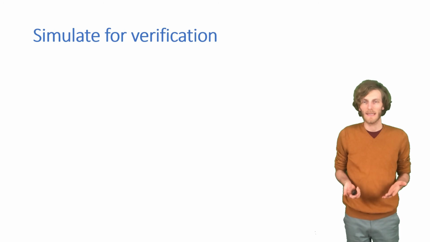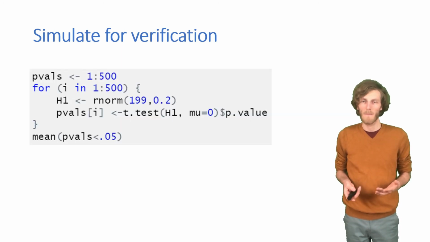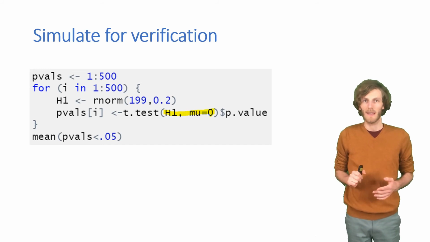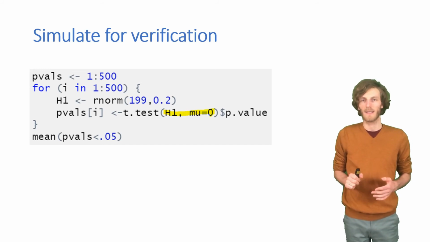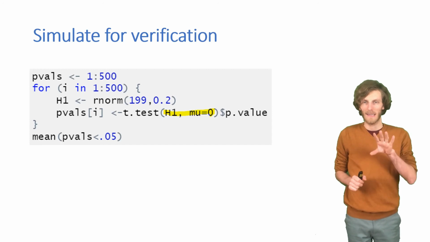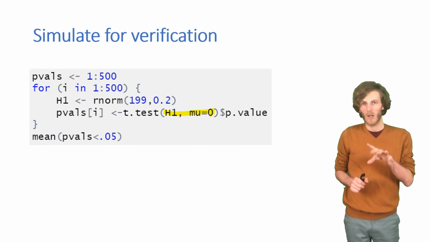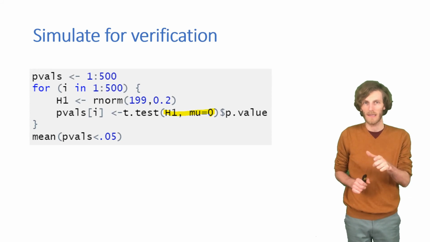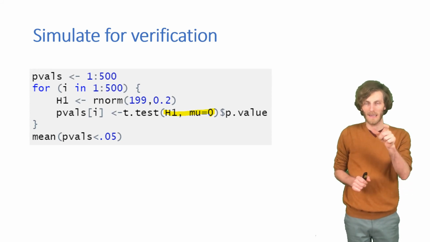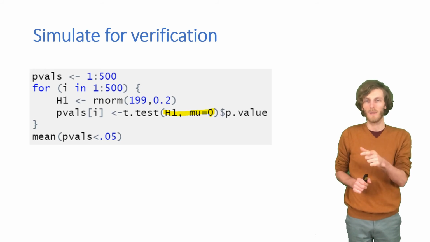We can again simulate this to verify, and this time we have a very specific null hypothesis here. The null hypothesis is that the average of the differences between the 2 classes among the students, that the average there is equal to 0.